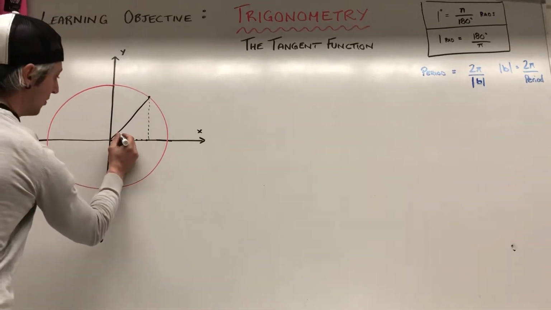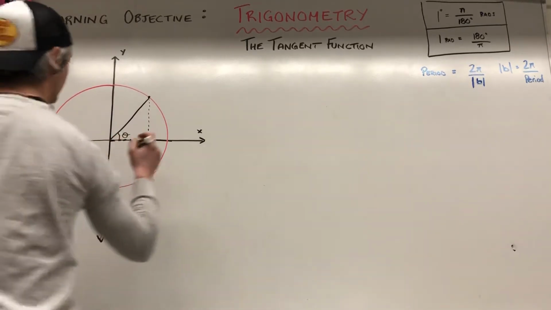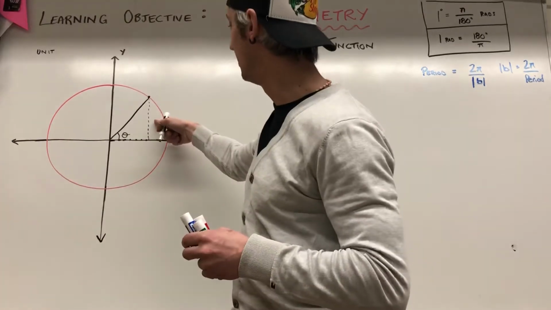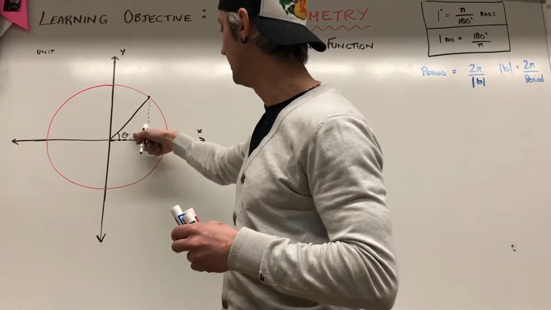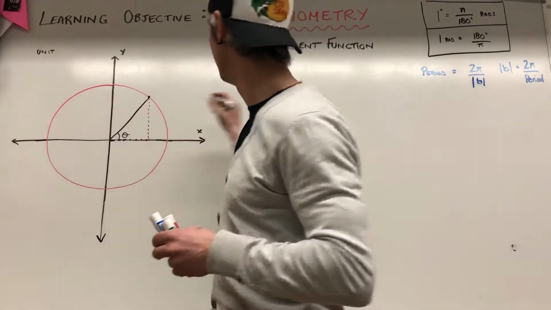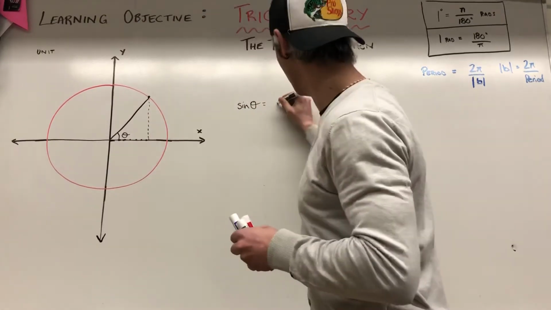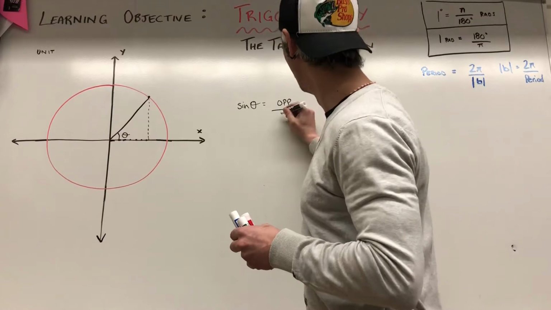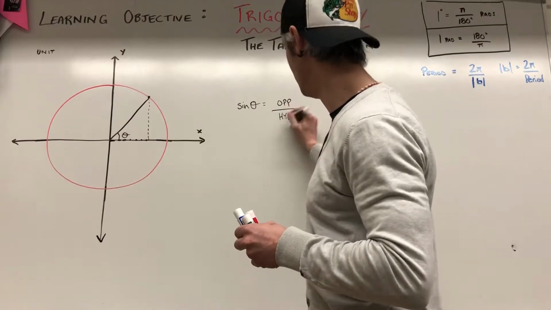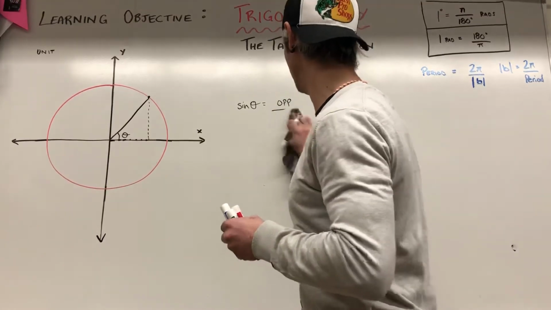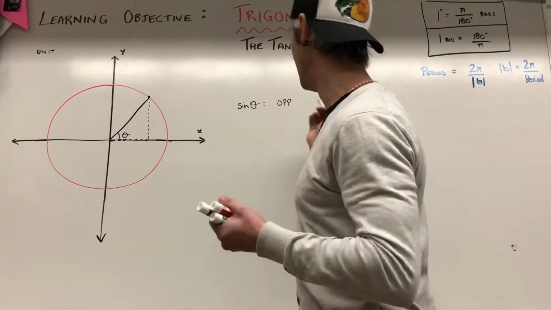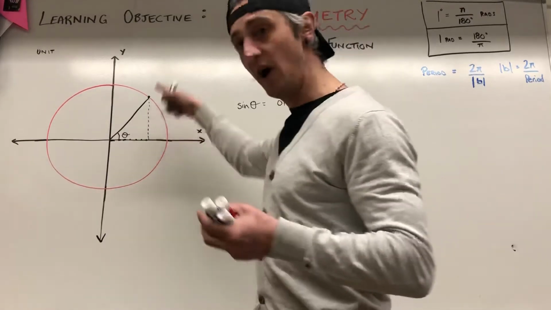And if this is our angle here, theta, this coordinate here is going to be sine of theta, because the sine is opposite over the hypotenuse. And my hypotenuse is 1. So basically it's just sine of theta is equal to the opposite, which is the y coordinate.